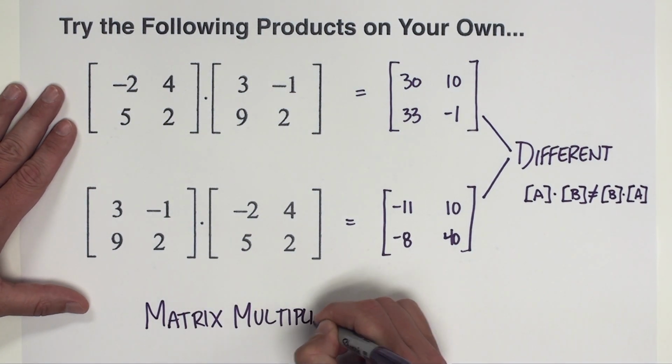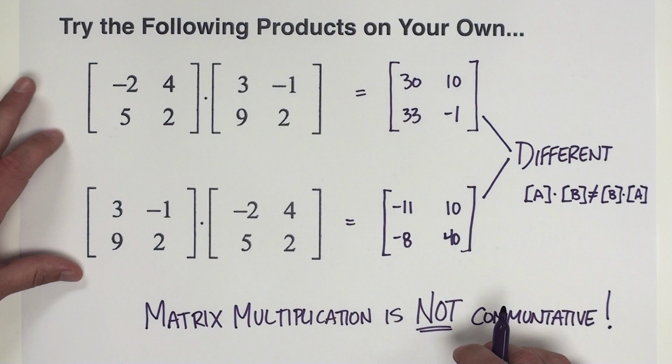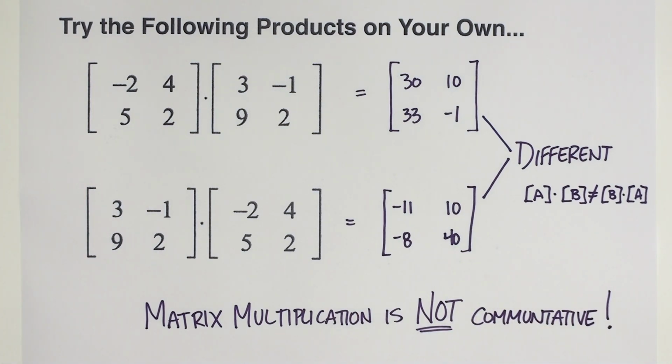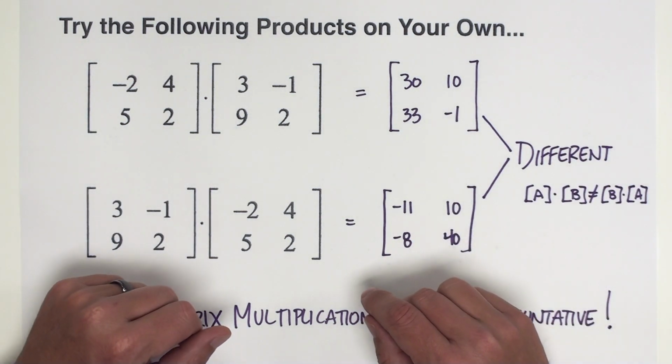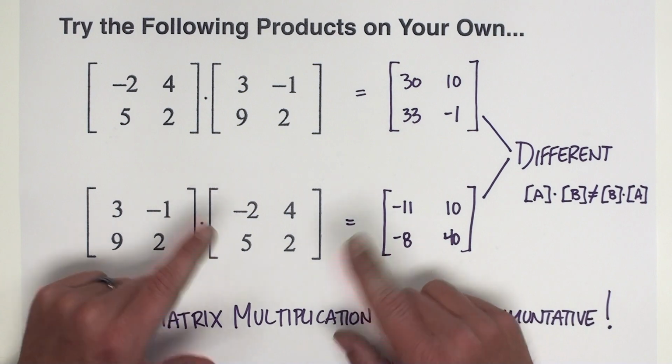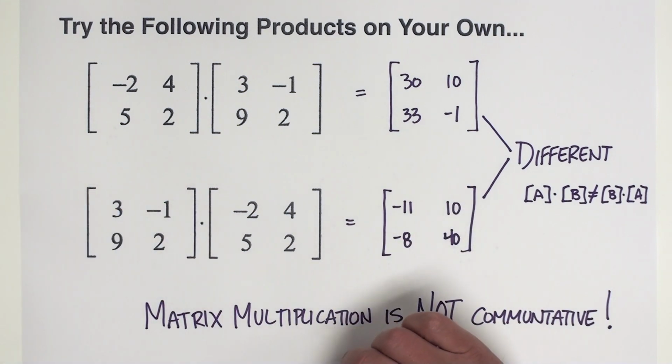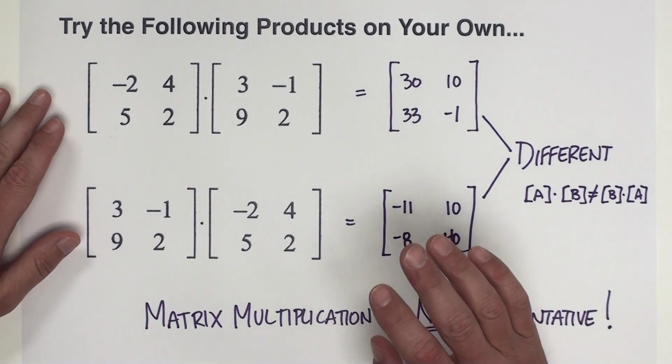Matrix multiplication is not commutative. The commutative property of multiplication is the one that says like 2 times 3, which is 6, is the same as 3 times 2, it's still 6. But with matrices, it is not the same.